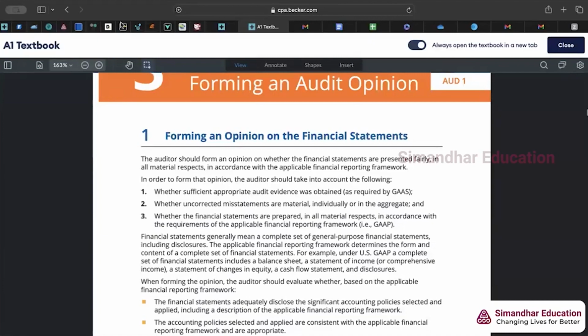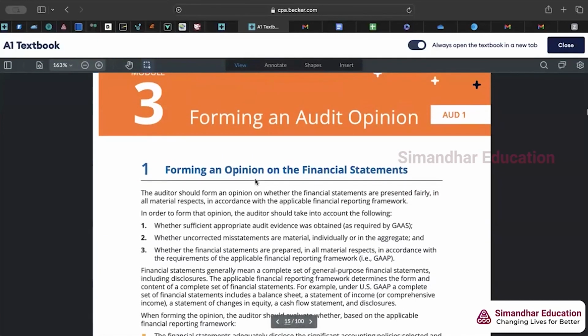When we are talking about the audit opinion, the auditor needs to take into account two things. One, whether they have obtained sufficient appropriate audit evidence in accordance with the auditing standards, and whether the financial statements are in material respects in accordance with the applicable financial reporting framework.